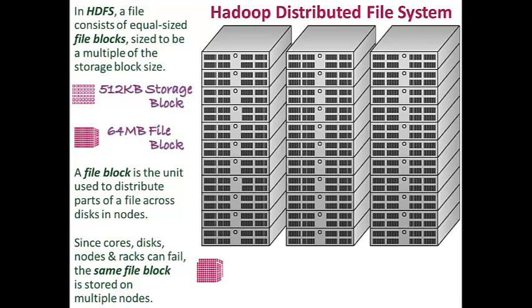Since cores, disk, nodes, and racks can fail, the same file block is stored on multiple nodes across the cluster. The default is 3 copies of each block. So, if a block cannot be processed on a certain node, then one of its copies is automatically processed instead.